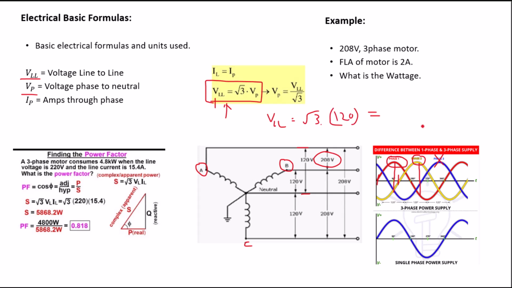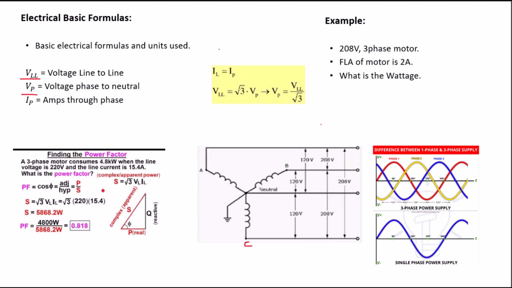And that equals 207.85, which rounds up to 208. And that's the reason why the phase-to-phase voltage is listed as 208 here.